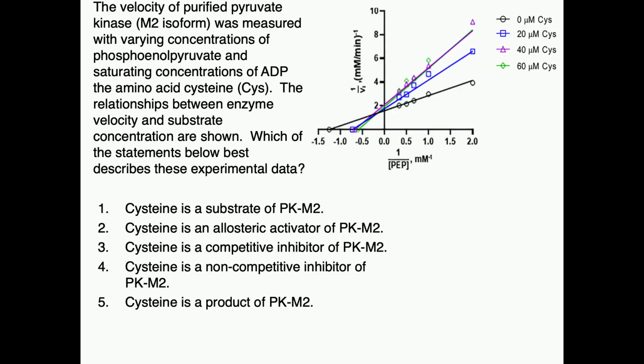Good. Let's look at the effects, again, of pyruvate kinase M2, not with a drug, but this is looking at an endogenous substance in our body, the amino acid cysteine. And pick the best answer.